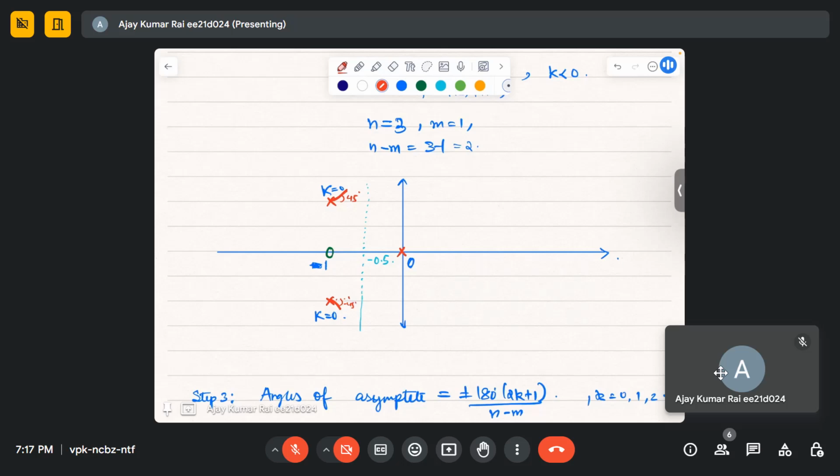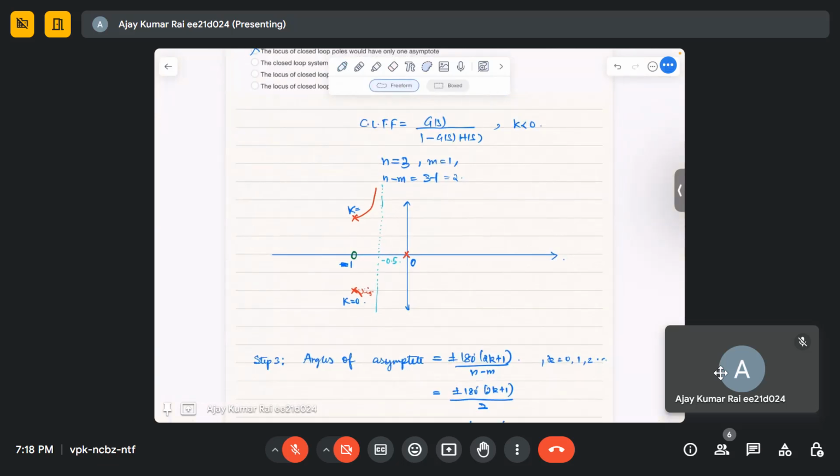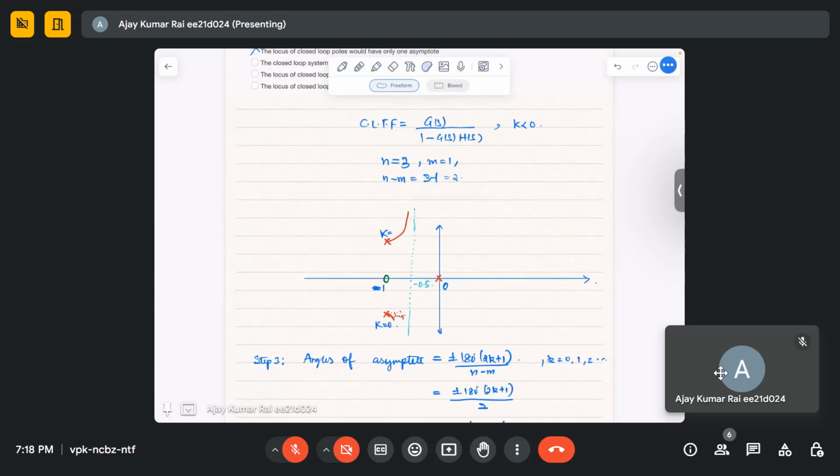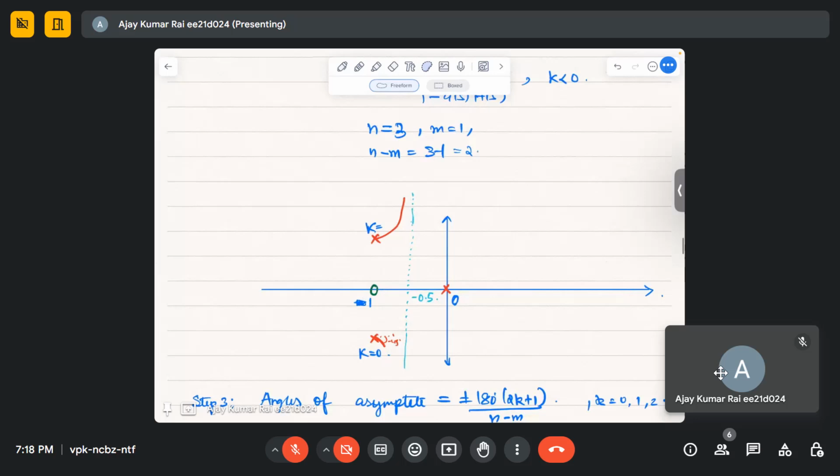Okay, so actually the root locus will be going like this to infinity along the asymptotes. Let me clearly draw. So these are the asymptotes. Okay, let me just scale this and find.